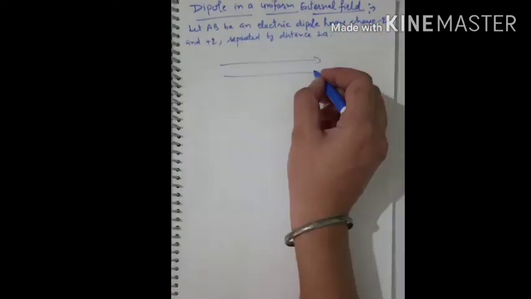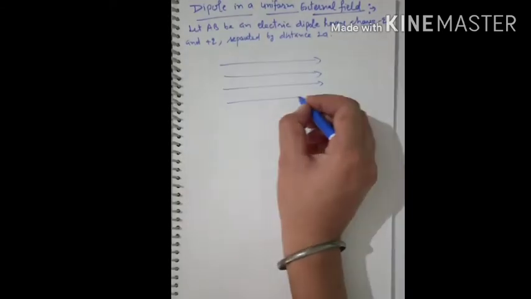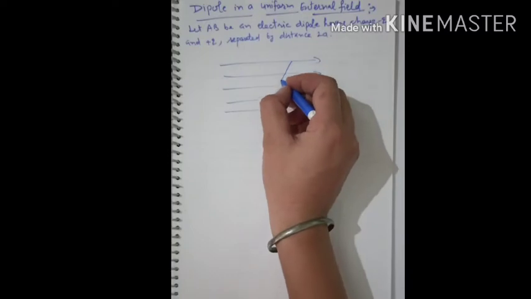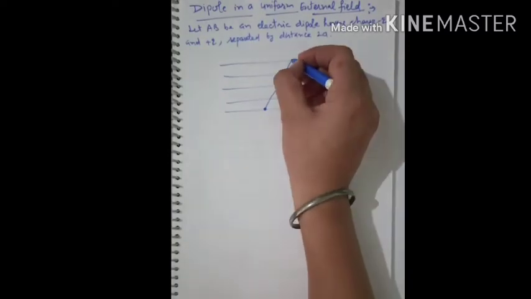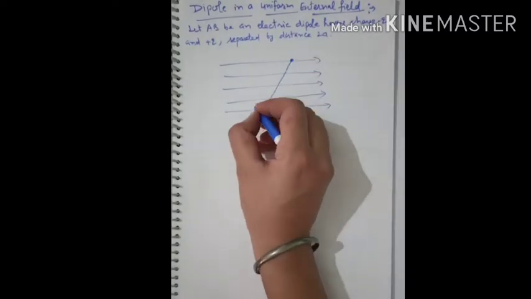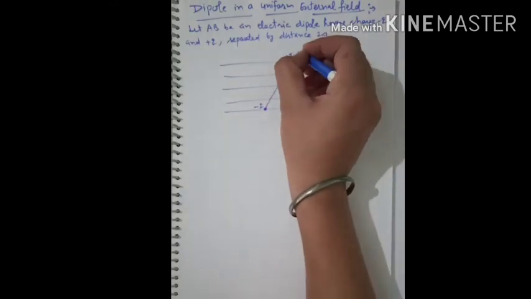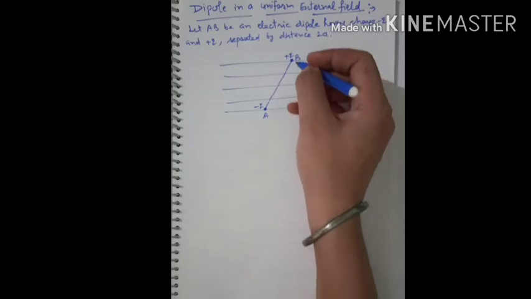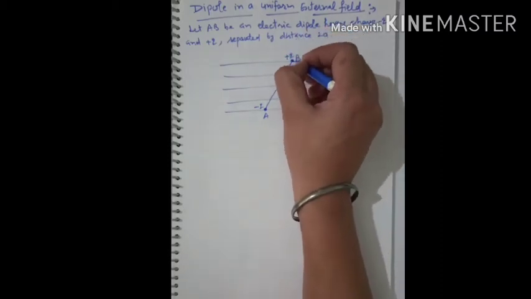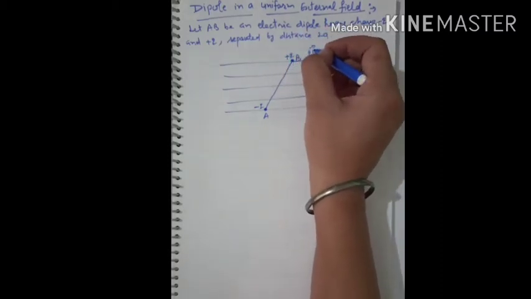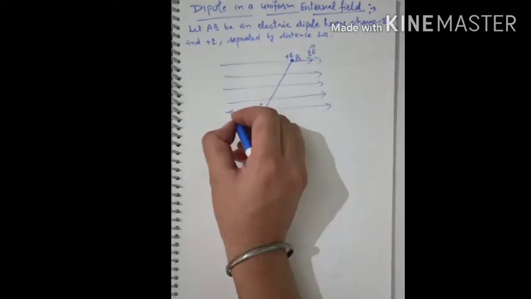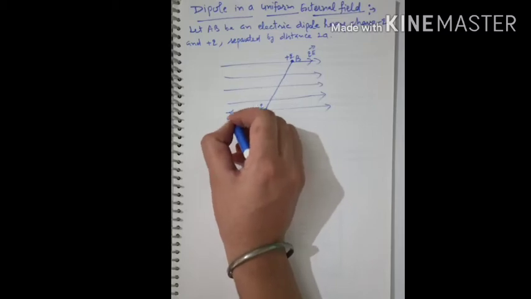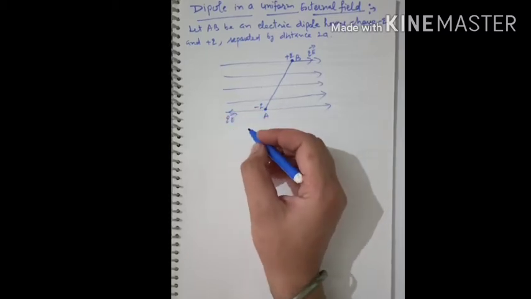Suppose this is a uniform electric field. So the dipole is placed in this electric field, having charge minus q and plus q at points A and B. So F is equal to qE on the plus charge, and F is equal to minus qE on the minus charge.